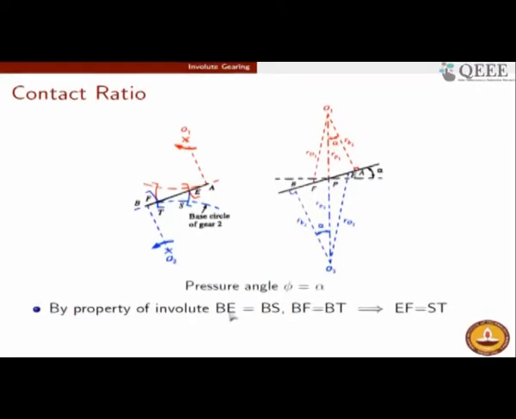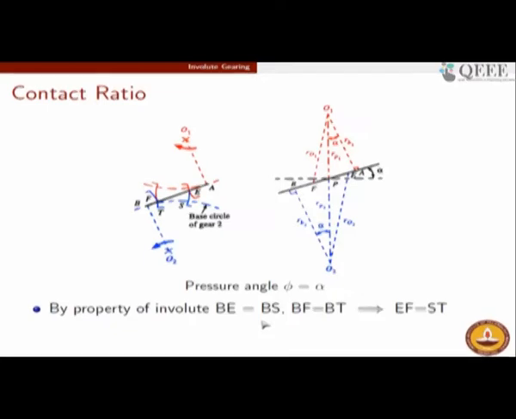So as a result, BE has got to be equal to BS. Similarly, the BF portion of the unwound string has got to be equal to the BT portion of the wound string. So BT is the part which is lying on the circumference. I could not write the T exactly here because it was looking too cluttered, but the point T corresponds to the point on the circumference of the base circle. Just like the point S corresponds to the point on the base circle, it is not at the addendum circle, it is at the point of the base circle.